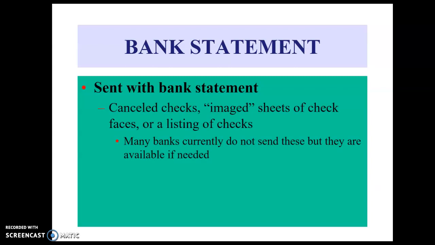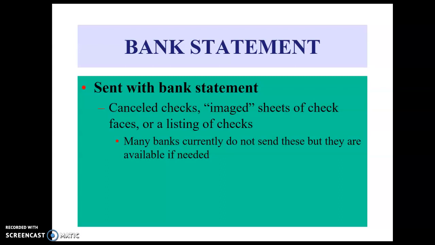The bank may send the canceled checks. Those are the checks that were endorsed by signatures, where they actually cleared. They might send an imaged sheet of those check faces, or just a listing.